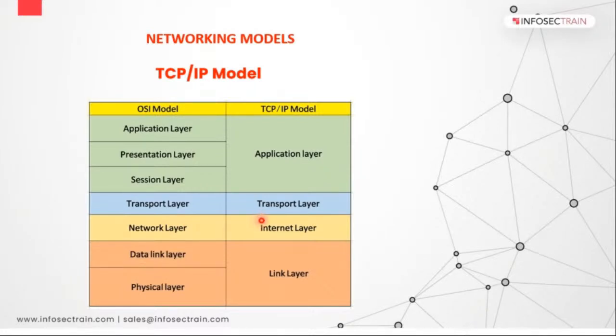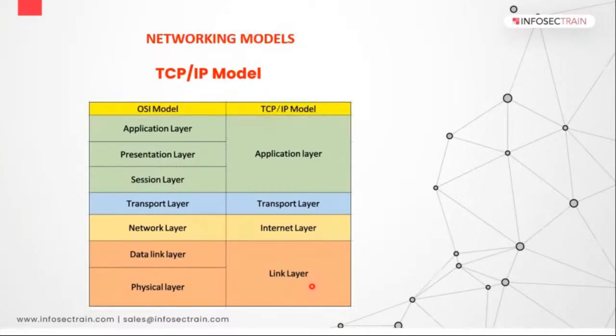Clear, everyone? Now the next thing that we have is the data link layer. So the data link layer and physical layer are merged together and now they are called the link layer. What other name do they have apart from link layer? It is also called the network interface layer, right? So link layer is also fine. Your network interface layer is also fine, right?